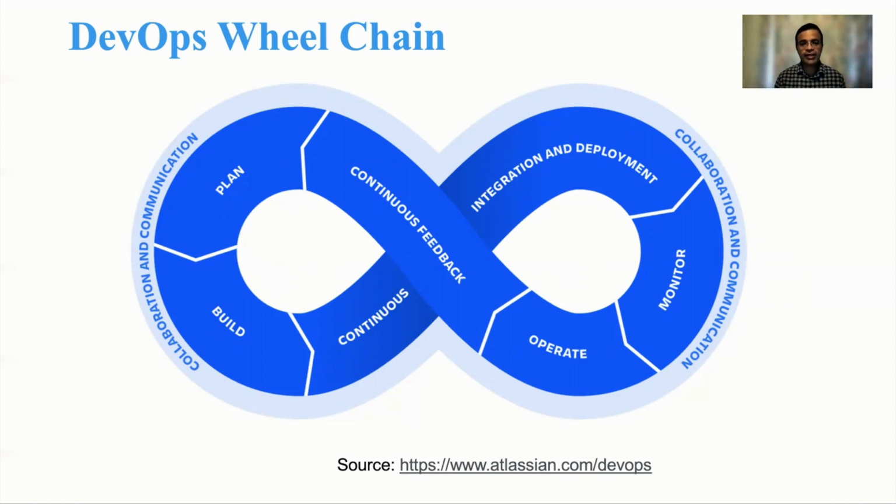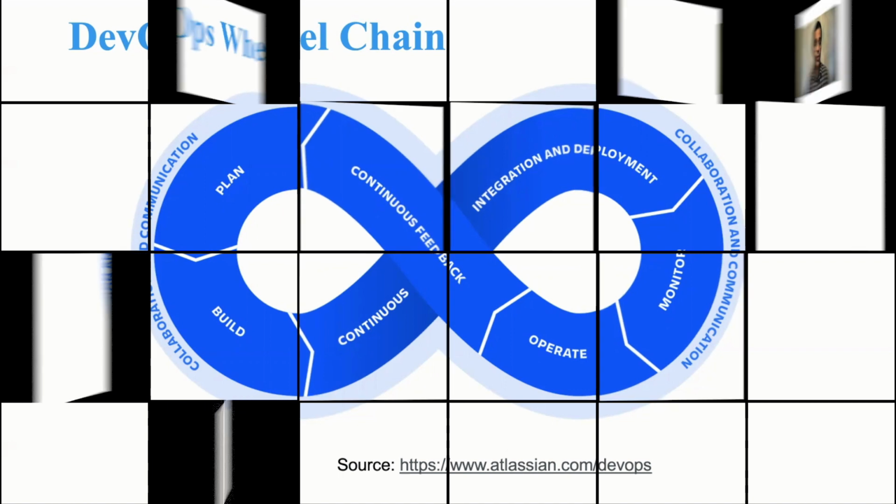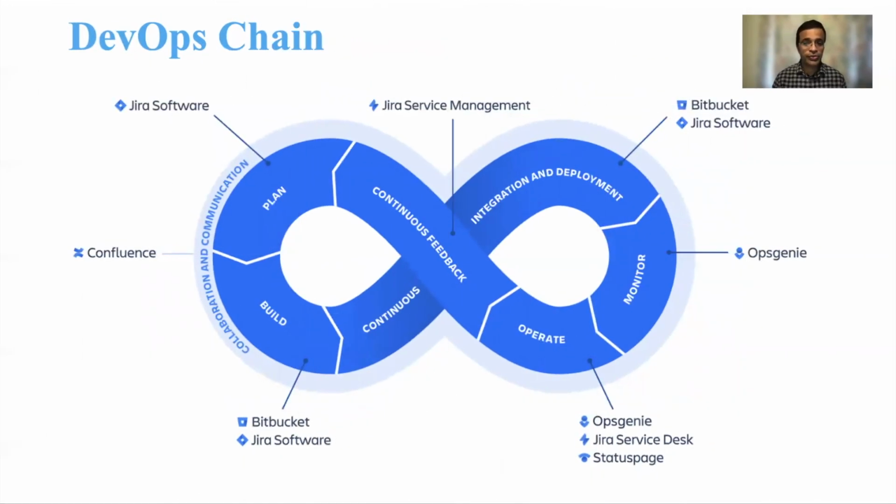Once you understand that life cycle and how you can integrate both sides of the world, then you can make it successful. This chain is referenced from the Atlassian set of tools, Jira and Confluence, but you can apply any set of tools.